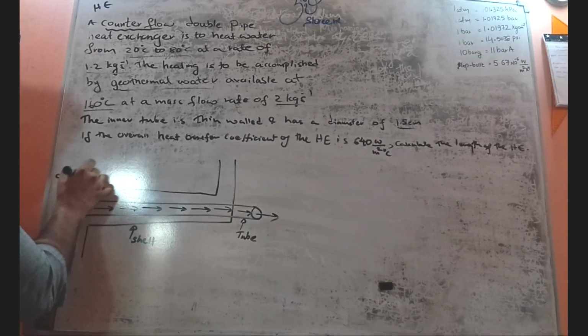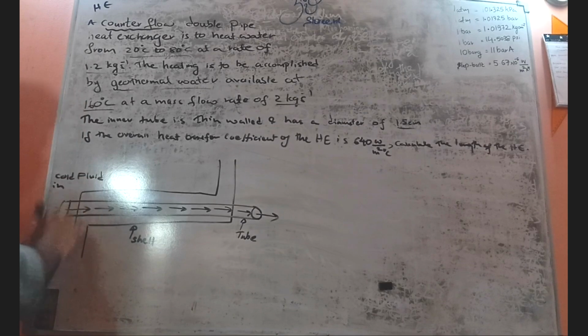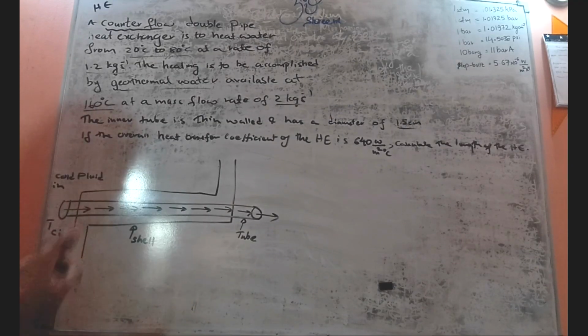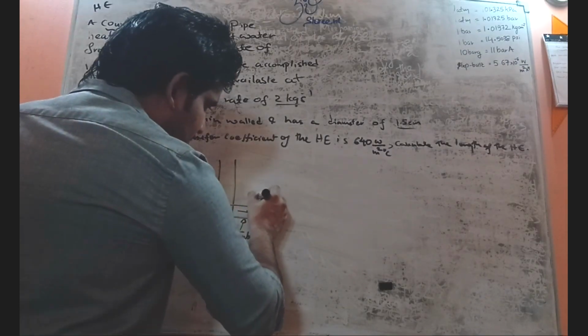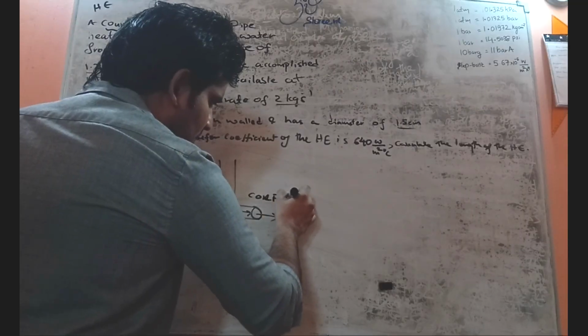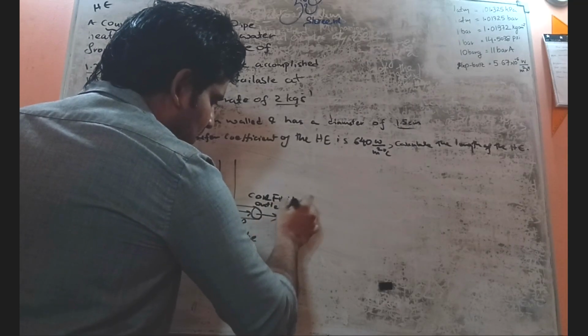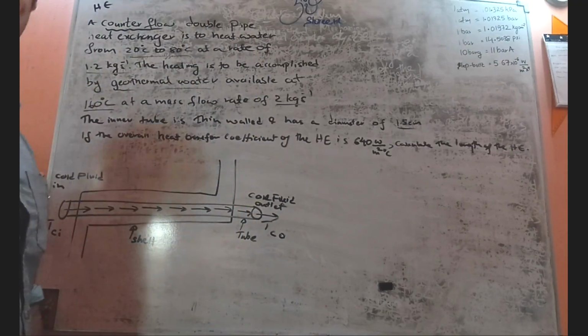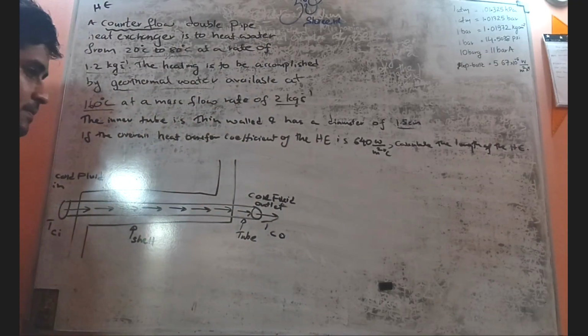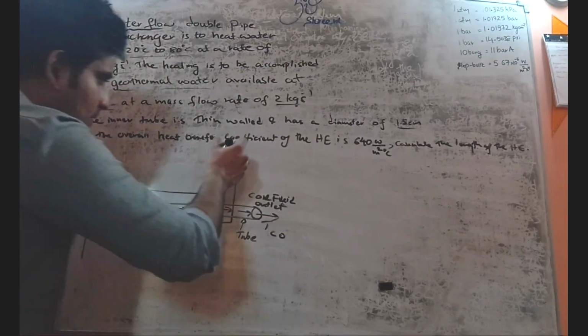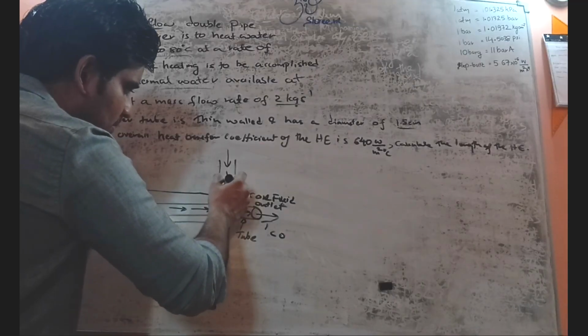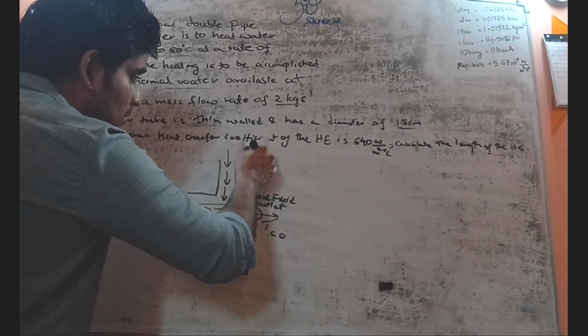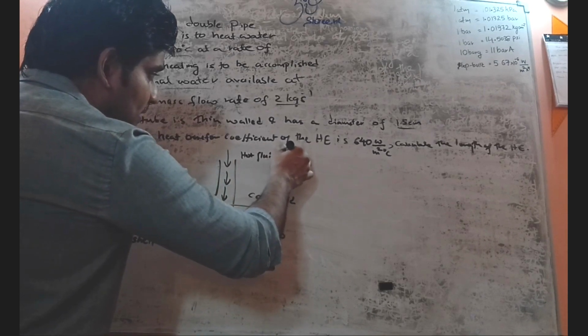Let's say cold fluid in, and our short form for the temperature is TCI, cold fluid inlet temperature. This side we have cold fluid outlet, and so let's call it T cold out. And from this side, what do we have? From this side we have the hot fluid inlet.